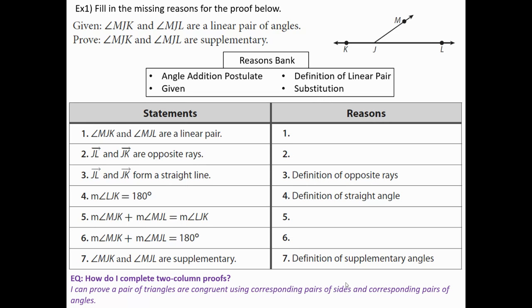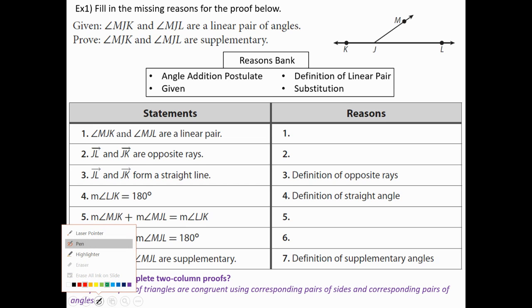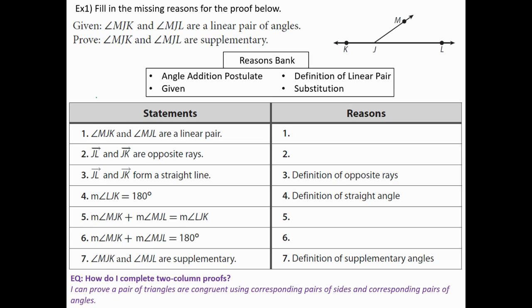All right. So number 1, fill in the missing reasons for the proof below. We are given, and I'm going to actually be using green today, the measure of angle MJK and MJL are a linear pair.